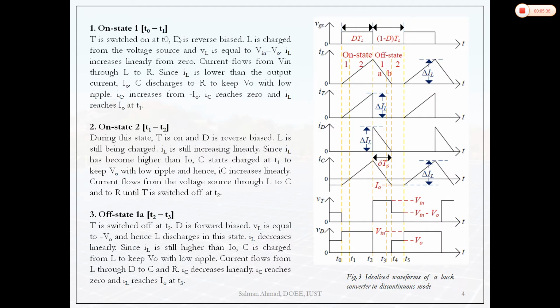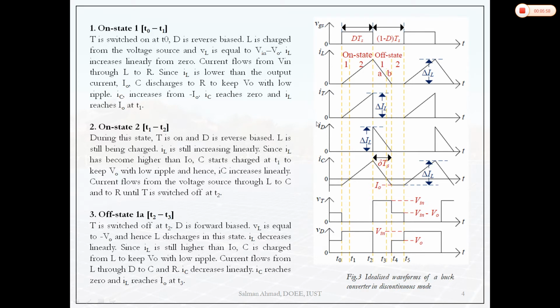So that's why in on state you can see that the MOSFET or transistor current is the same as that of the IL value. Okay, then it remains 0 during its off operation. Okay, so the ripple in the current will be nothing but delta IL.